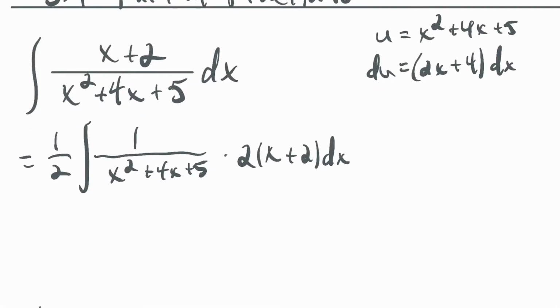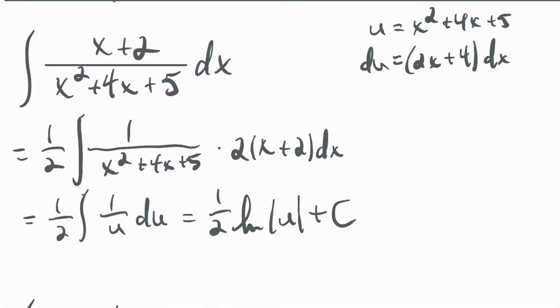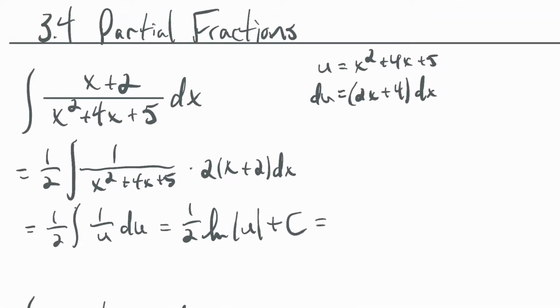So when I go to do my substitution, I get 1/2 integral of 1 over u du, and this is a relatively easy integral at this point. I get 1/2 times ln of the absolute value of u, plus c, of course, and then I can plug u back in, and I get 1/2 ln of the absolute value of x squared plus 4x plus 5 plus c.